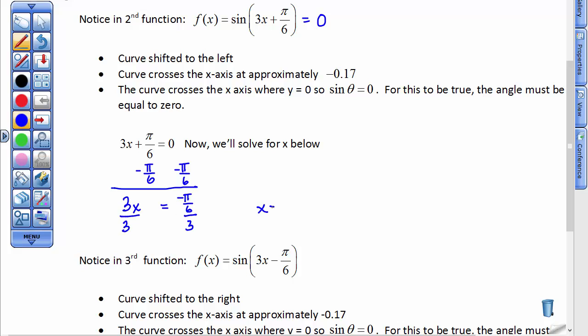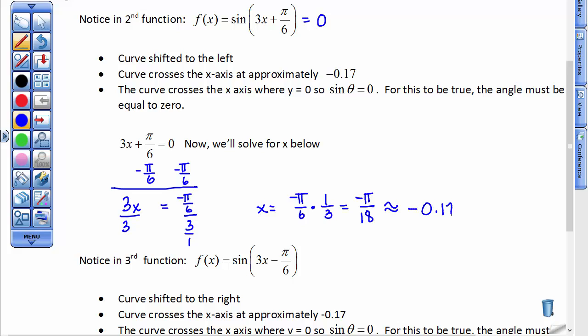When I take the negative pi over 6 and divide it by 3, which is 3 over 1, I multiply by 1/3, and I get a negative pi over 18. I'll get my calculator out and calculate pi divided by 18, and I get approximately 0.17.